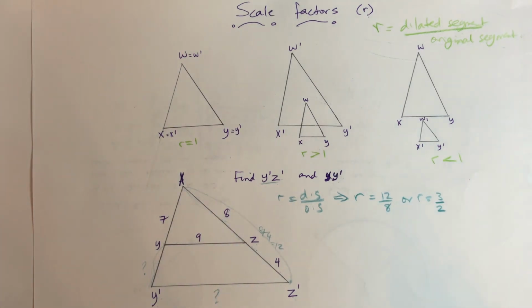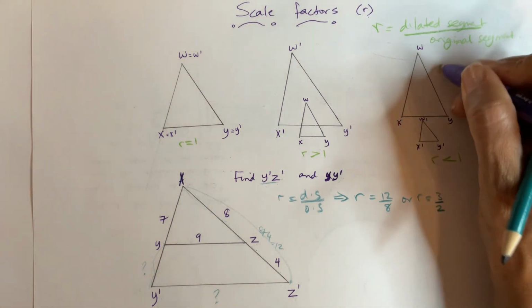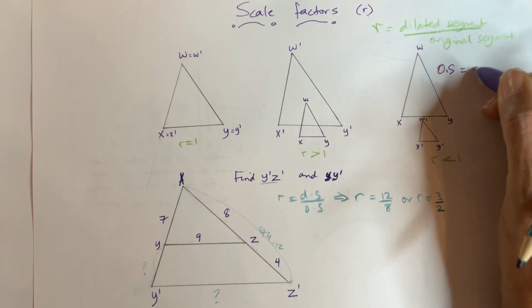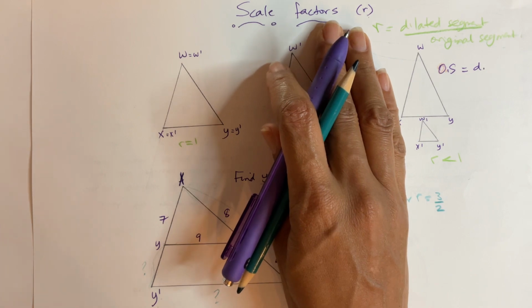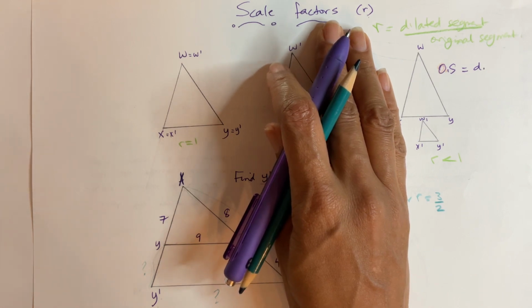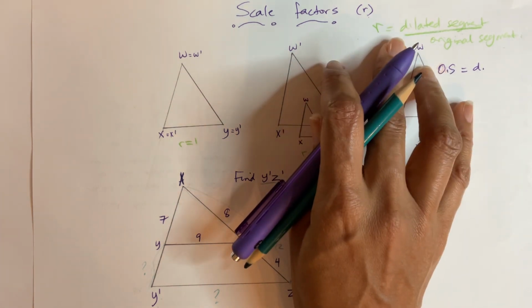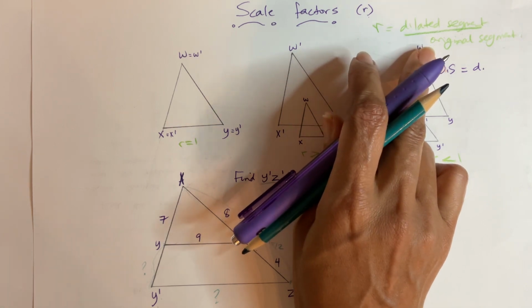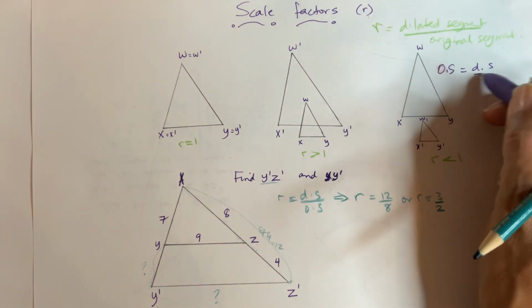Another way of saying it, we can write it another way and use a different color: the original segment is simply equal to the dilated segment divided by r. Once you look at this, then everything will be fine. If you have your original segment here, it is going to be equal to the dilated segment divided by r.